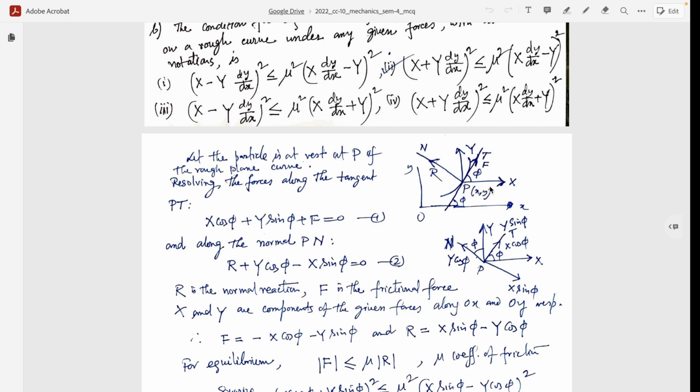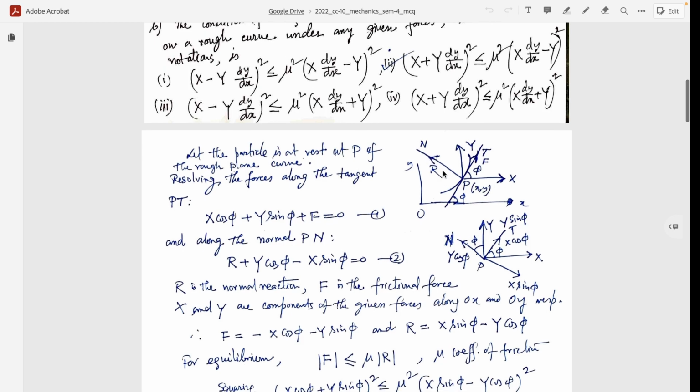Capital X and capital Y are the resolved parts of the system of forces along the x-axis and along the y-axis, and PN is the perpendicular to the tangent PT.